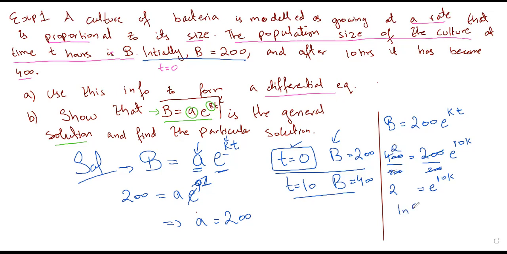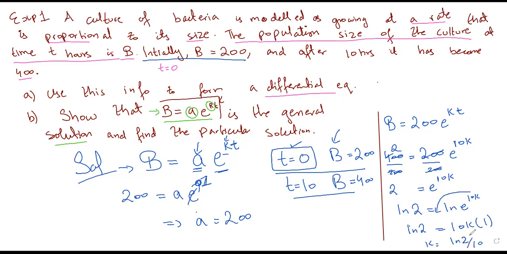So we have to take natural log on both sides. Ln of 2 equals ln of e to the 10k. The 10k will come over here and ln e is 1. Ln 2 equals 10k, and k is basically ln 2 by 10.